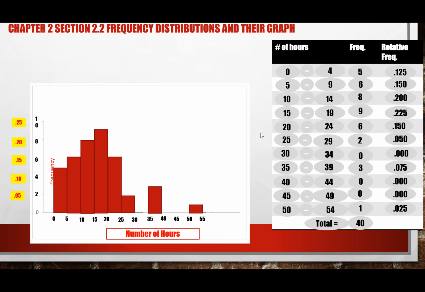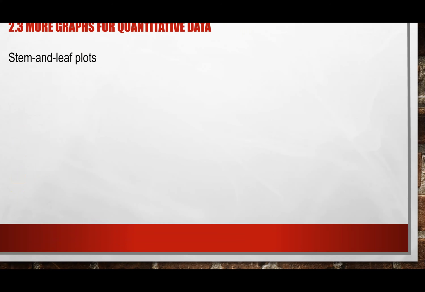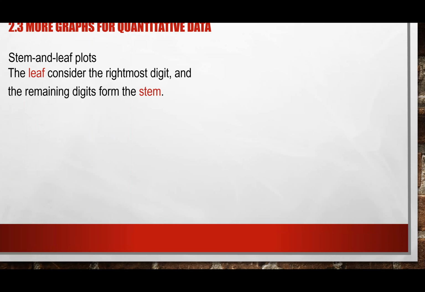So if you don't have questions, there are a few more graphs that we have to look over, in 2.3, which is the last section of chapter 2, where we look at the stem and leaf plot. If you came from 120, you know how to do the stem and leaf plot, where the leaf is the last digit, and the stem is the rest of the digits, right?